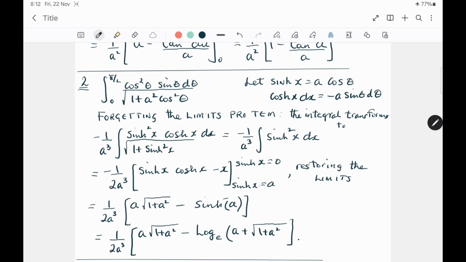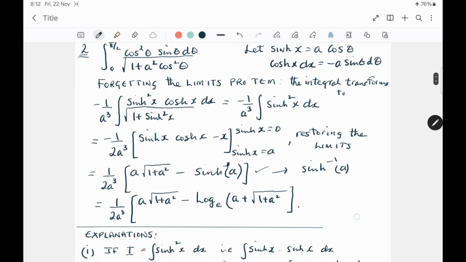And when we put in the limits, we get 1 over 2a cubed, a into square root 1 plus a squared minus sinh to the minus 1 a, which equals 1 over 2a cubed, a into square root 1 plus a squared minus log to base e of a plus square root 1 plus a squared. This last bit here should read sinh inverse a. It was a bit untidy, for which a thousand apologies.